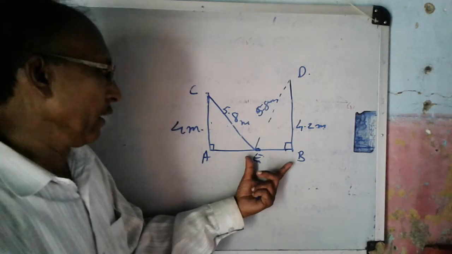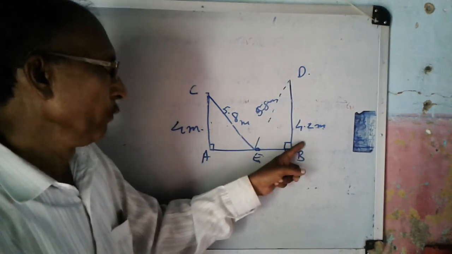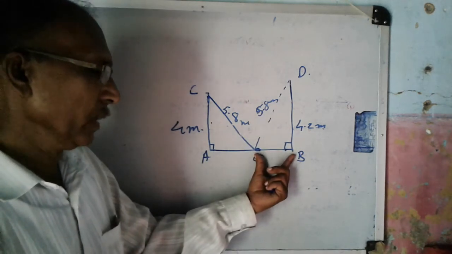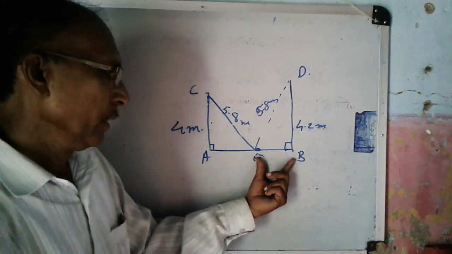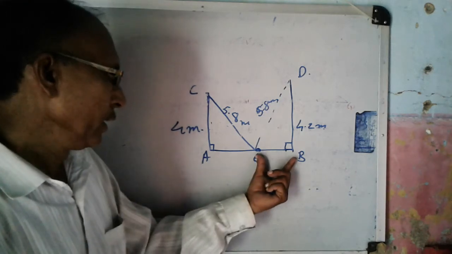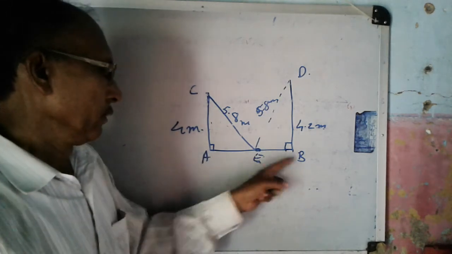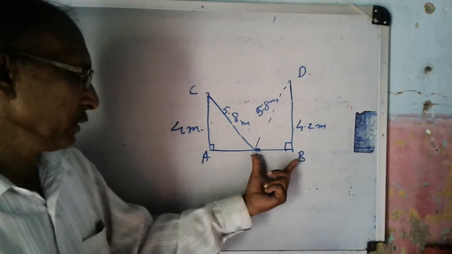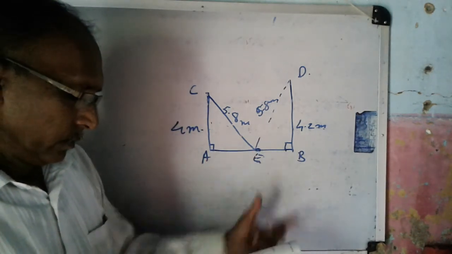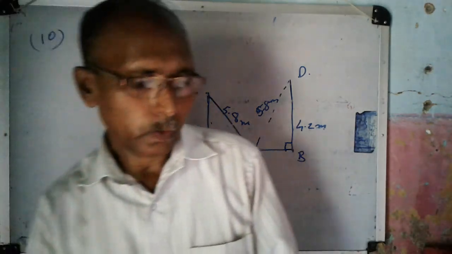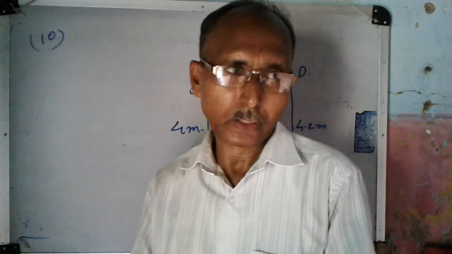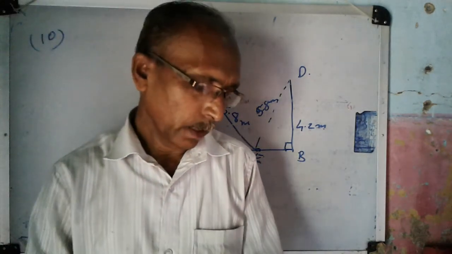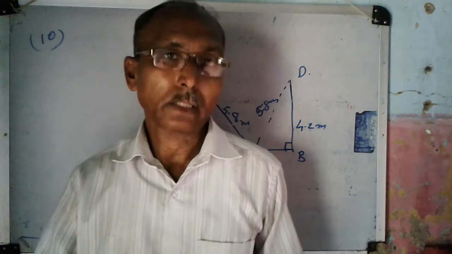In this right angle triangle, BD is 4.2, ED is 5.8, find EB using Pythagoras Theorem. Then adding AE and EB, you will get the width of the street. AE plus EB. In this way, you can solve. You have to use only Pythagoras Theorem here. Okay, now try to solve the remaining examples.